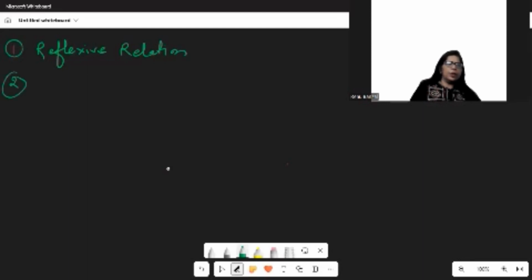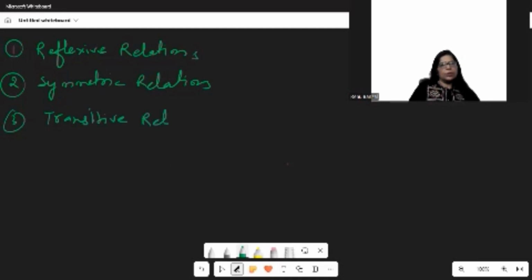Second is symmetric relation. And then third is transitive relation. The first one, reflexive relation.